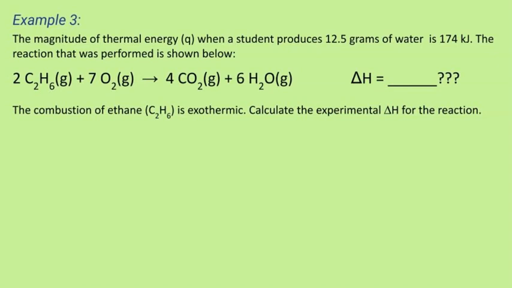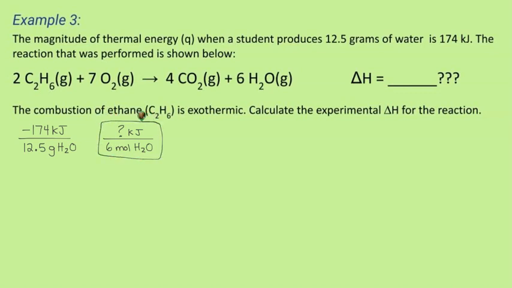So since we get a negative 174 kilojoules per 12.5 grams of water, we want to know how many kilojoules we get for the entire reaction, so for 6 moles of H2O. How many kilojoules do we get per 6 moles of H2O? This is what we're trying to get to here.